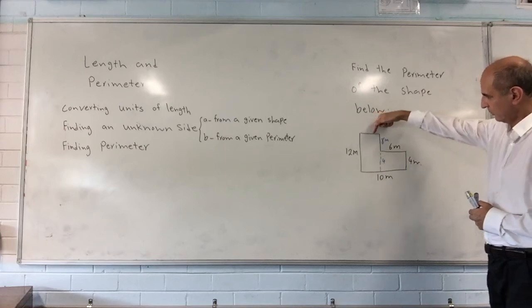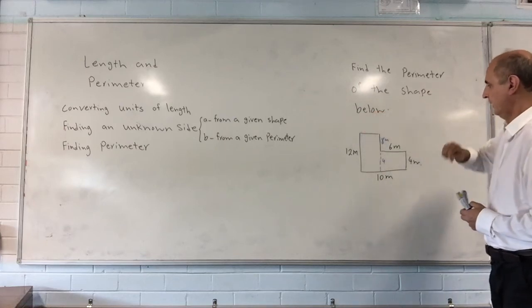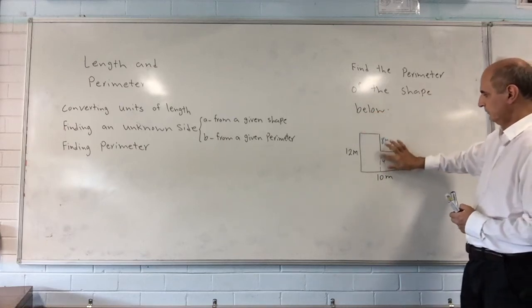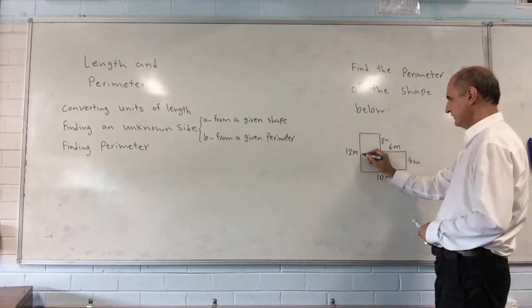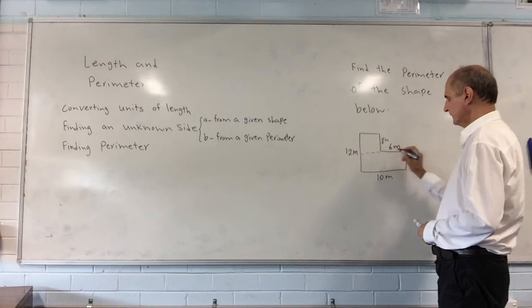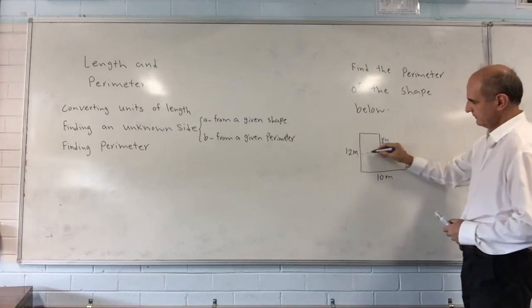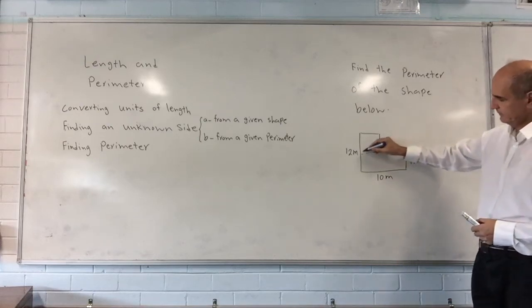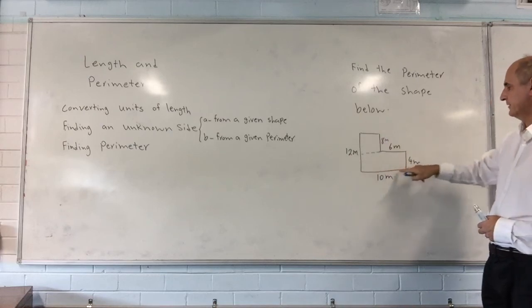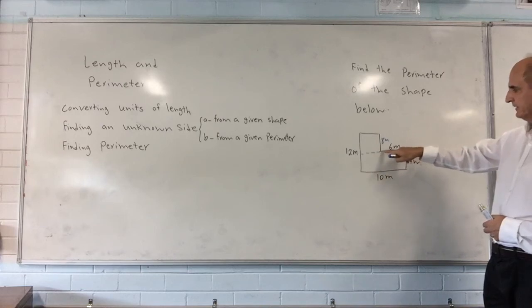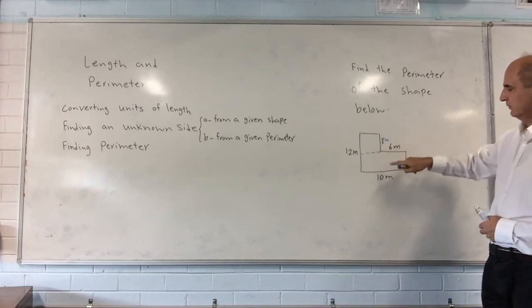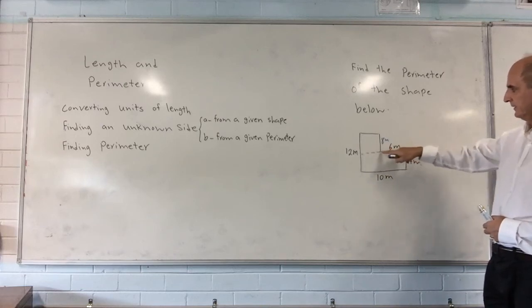Now how do we work this one out? Again, what I do, I can extend this side like this, side extended, and because this is 10, this also will become 10. Now this is 6, so the whole thing is 10, and this is 6.